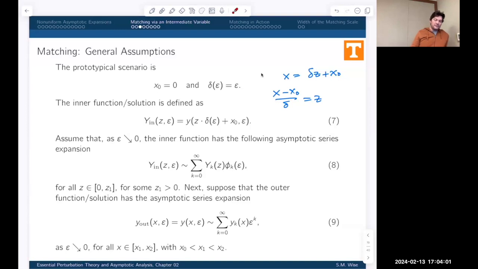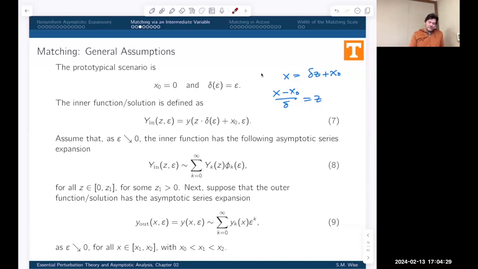All that we have to do for our construction is assume that one of these is not the standard, and you can assume that the other is the standard. You can rescale the problem so that you could get the standard in this place or this place. We're going to assume that the standard asymptotic power series expansion is the one that's valid for the outer function.